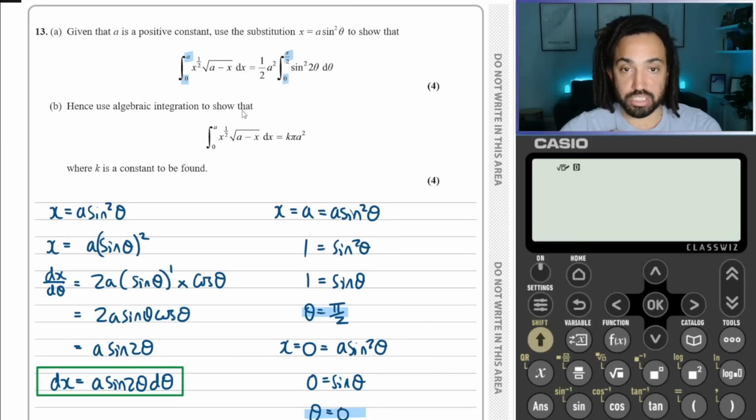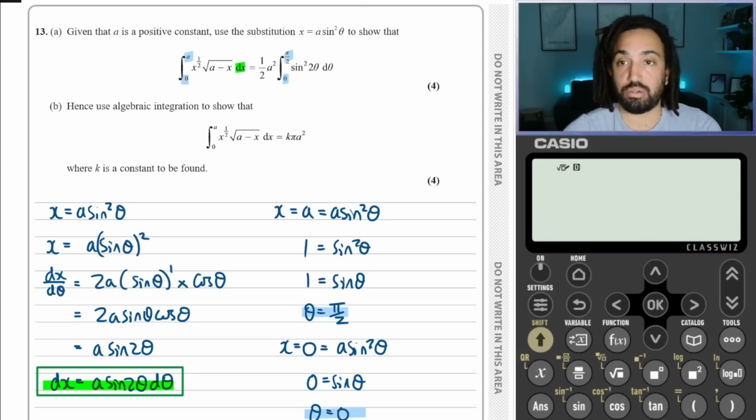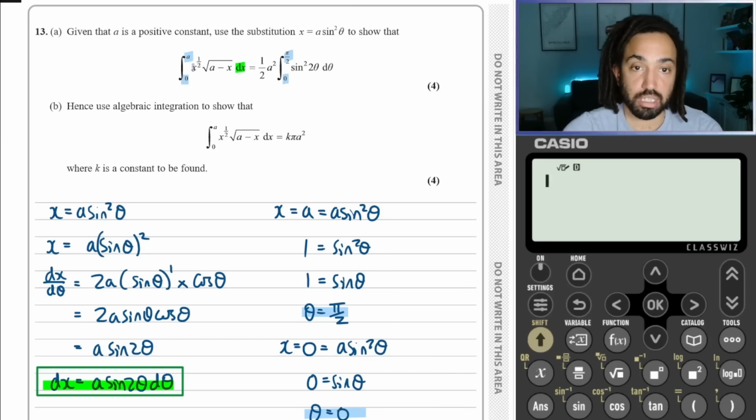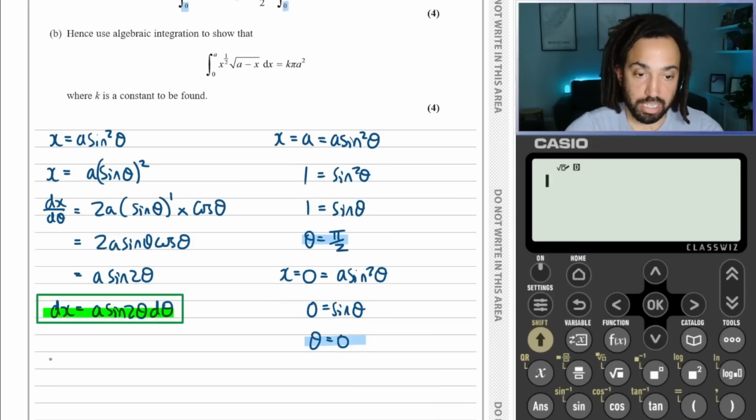So now it's just a case really, given that we've already done dx, we've got that sorted, we've got our limits sorted, so now it's just a case of looking at the actual integrand, which is the bit inside the integral sign. So this one is the square root of x, so I'll just write that down here.